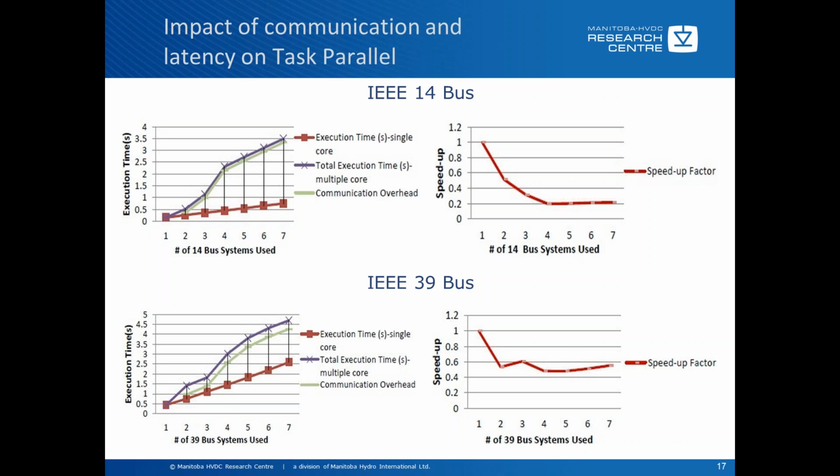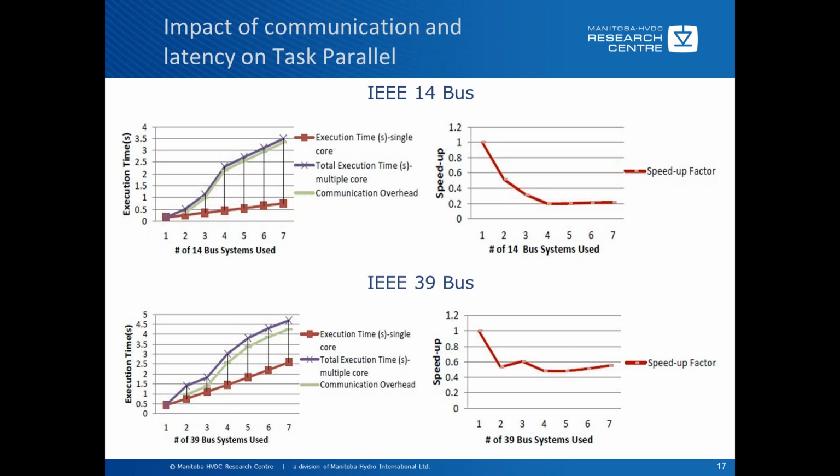Sorry, the execution time in total is much higher than the execution time of the solution on a single core. And that's simply because the communication overhead shown by the green line is just overwhelming the system. So this was an expected behavior that we saw, is that communication is just simply overwhelming any speed advantage we might get by splitting it across multiple CPUs.